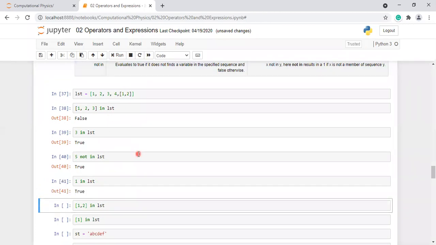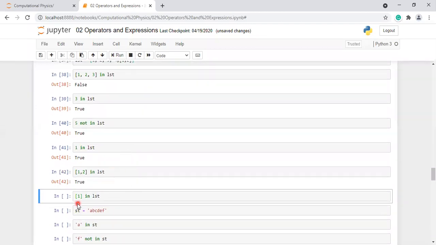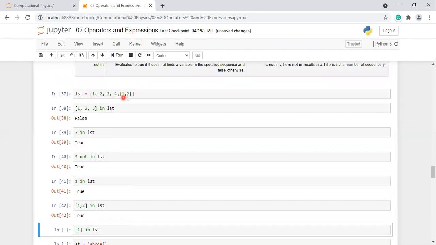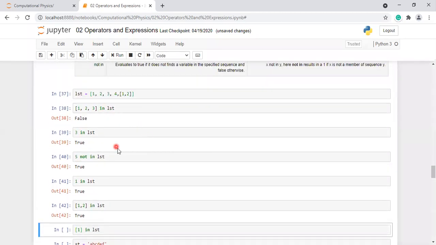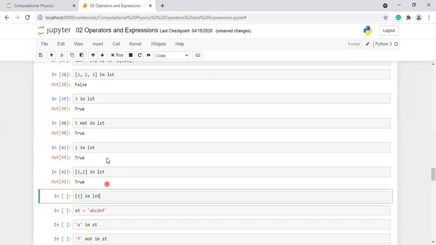Is the list 1 2 a member of lst? Yes, so when I run this it should give you true. Is the list 1 in lst? The integer 1 is there, but the list 1 is not, so it should be false.